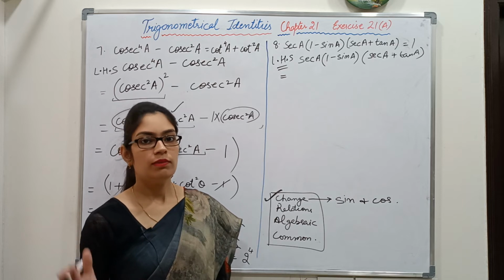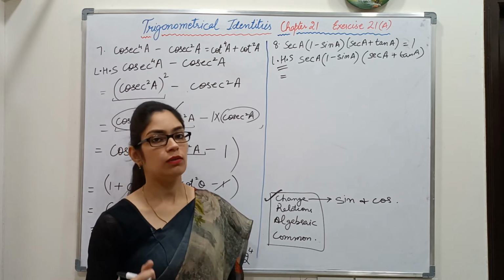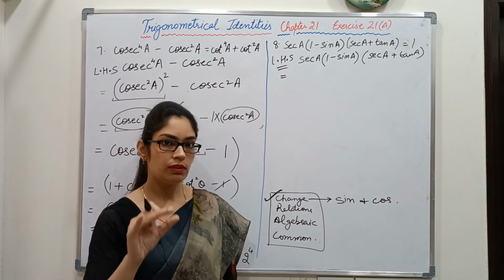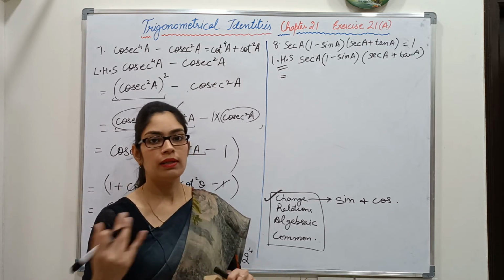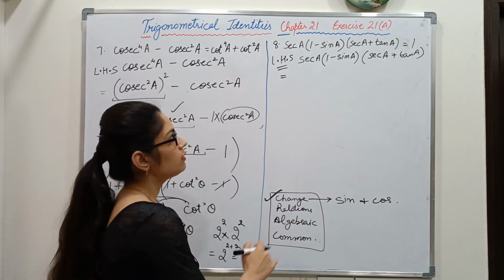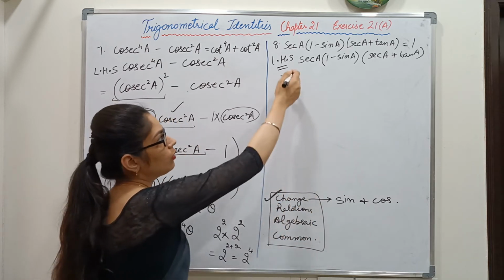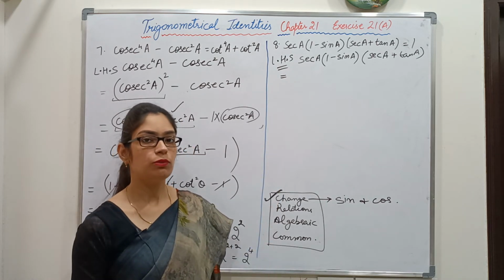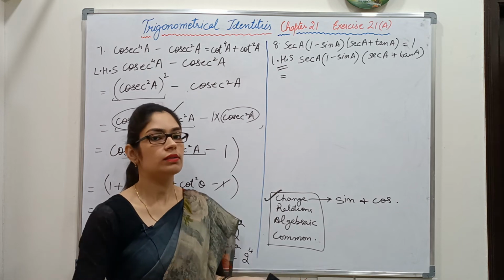And we will change everything to sine and cos form, because in reciprocal relations we have learned that each of the trigonometric ratios is somehow related with sine and cos. So that's what we will use here. So let's change. Now secant's reciprocal relation, because I told you we have to change it to either sine or cos, and maybe to both.